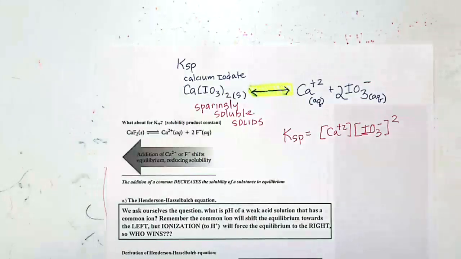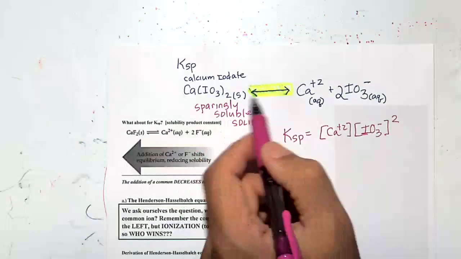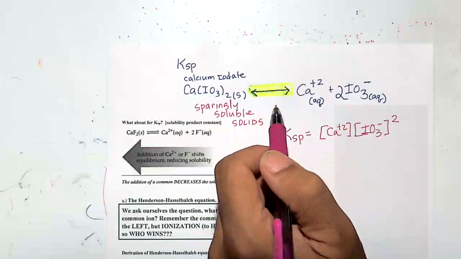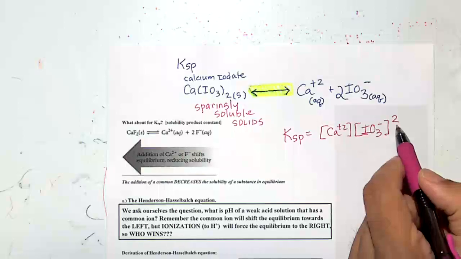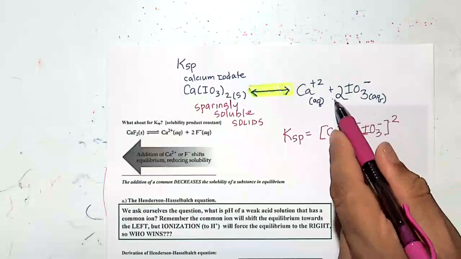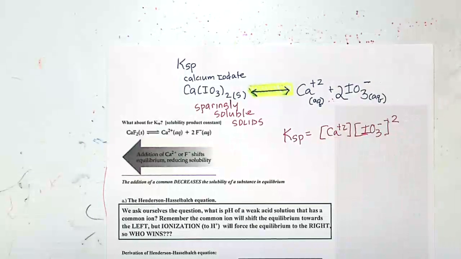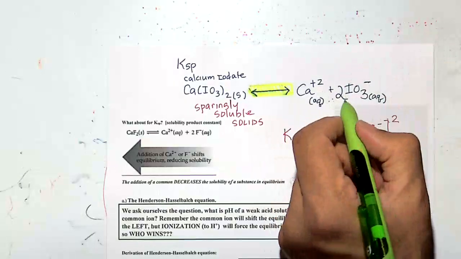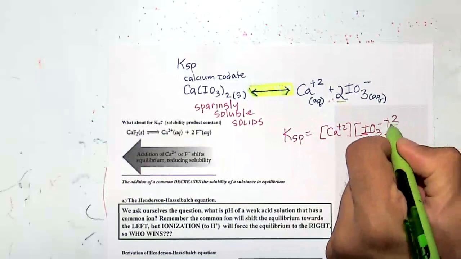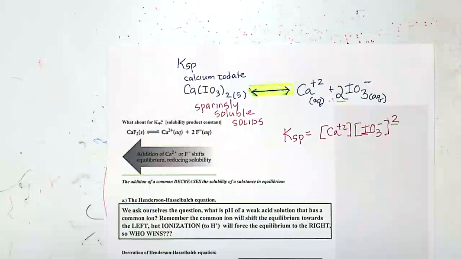How do you write the equation? The solid is going to the ions. Why did I put a 2 here? Why did I square this? Because there's a 2 here. So remember the formula for the law of mass action.